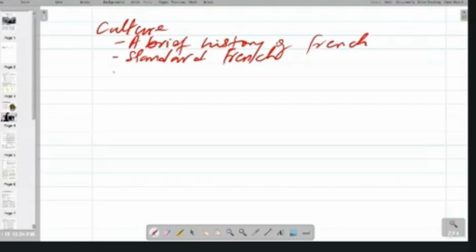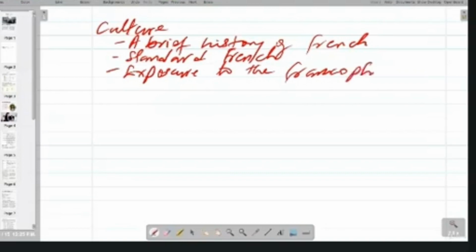And then you should be able to know certain countries that speak French. So exposure to the Francophone world.